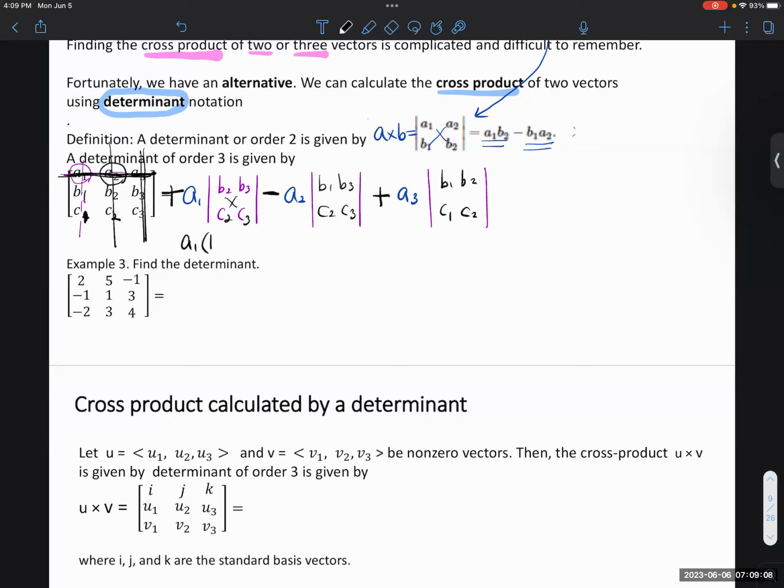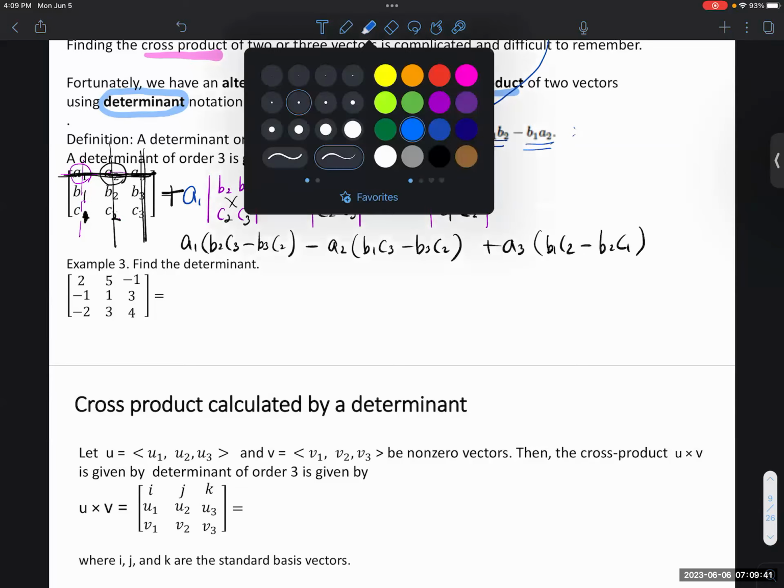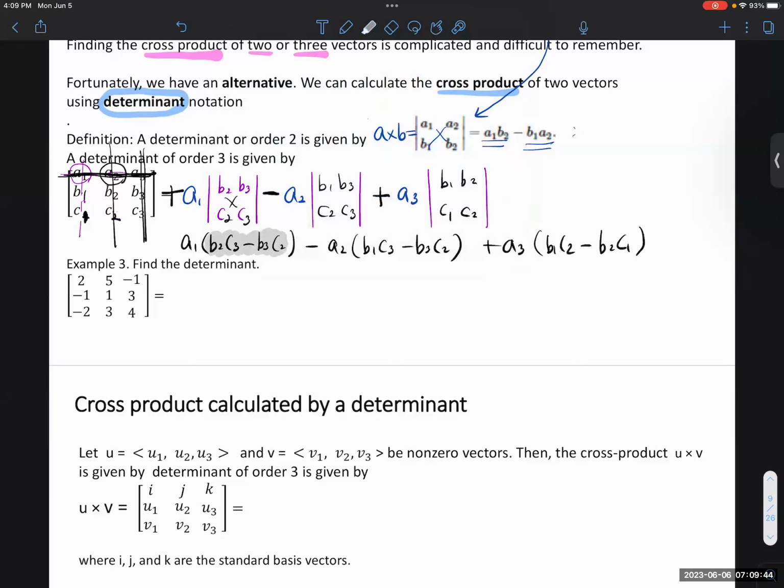So A1 times B2, C3 minus B3, C2, minus A2 times the cross multiplication B1, C3 minus B3, C1, plus A3 times B1, C2 minus B2, C1.